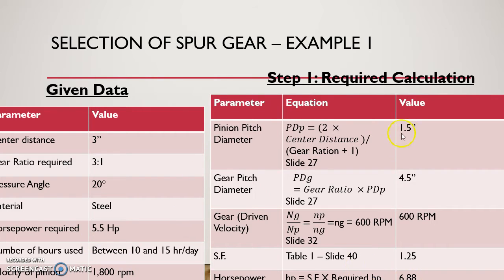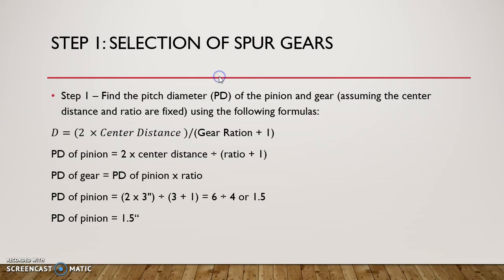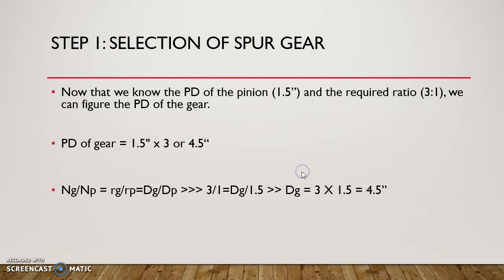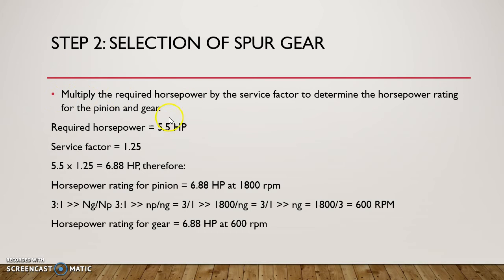So we did the calculation in step 1. In step 1 I explained in detail how we calculated the pitch diameter, and you could go through the details based on the table that I provided there. Then in step 2 I did the horsepower, 6.88 horsepower, and then 600 rpm in detail.